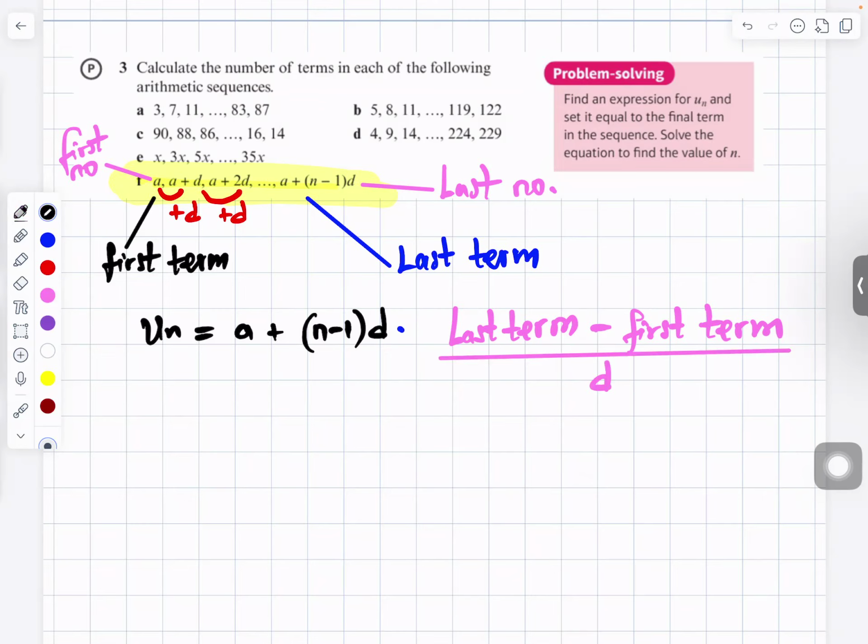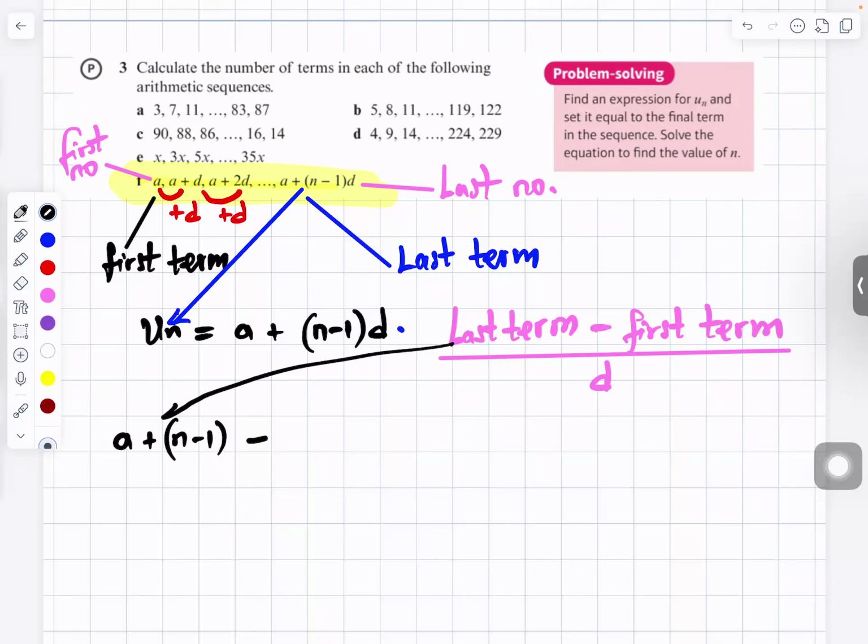So we'll substitute the n term. I'll use this blue. This n term will come here because that's the formula for n term. And the first one, A is the same, D is the same. So we will write A, last term is A plus n minus 1 D, minus the first term.